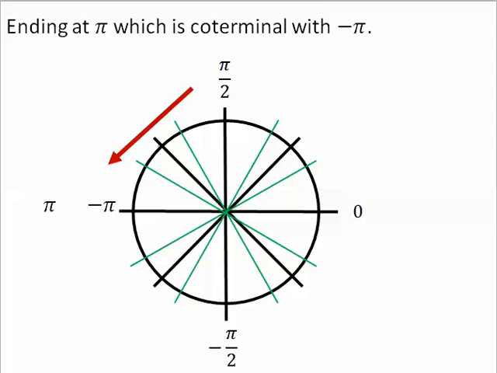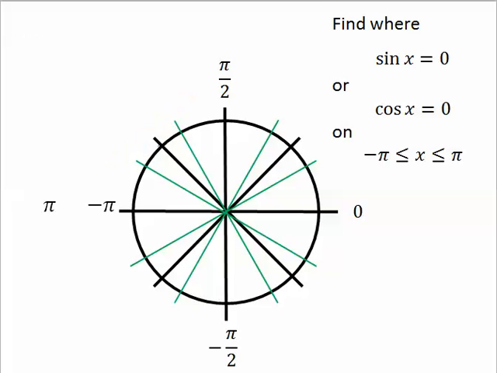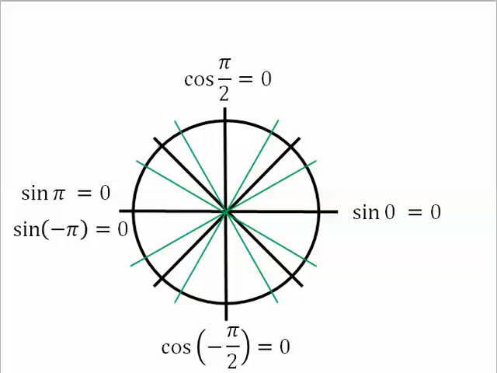So using the unit circle, I'd like to find where sine or cosine is 0. And this is what I get. Sine is equal to 0 at pi and negative pi and at 0. Cosine is equal to 0 at negative pi over 2 and positive pi over 2.